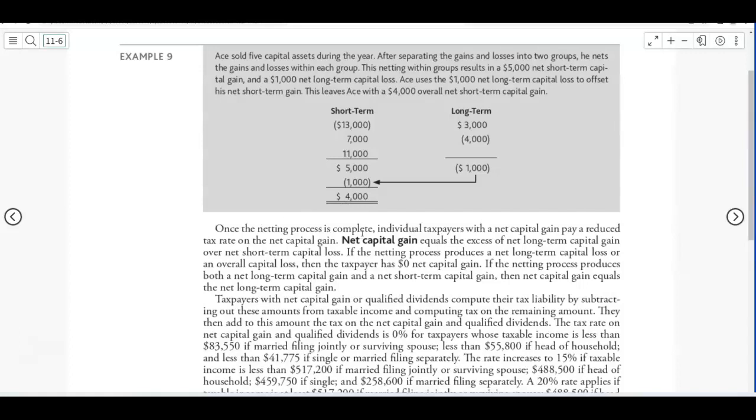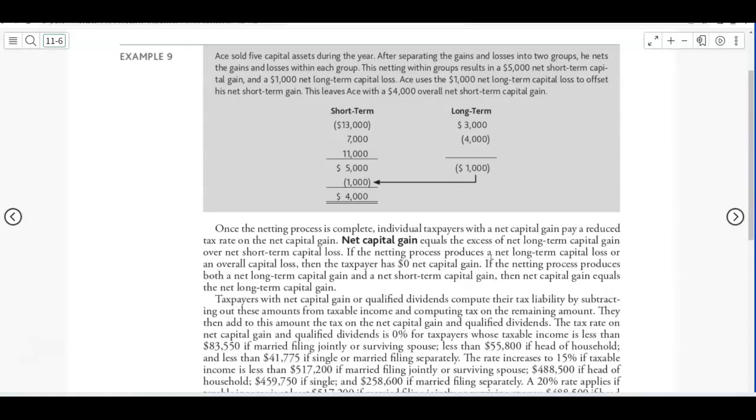Once the netting process is complete, individual taxpayers with a net capital gain pay a reduced tax rate on the net capital gain. Net capital gain equals the excess of net long-term capital gain over the net short-term capital loss.